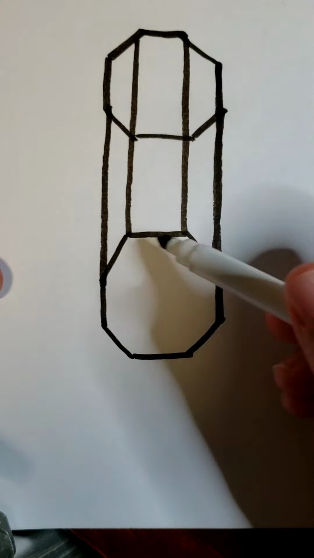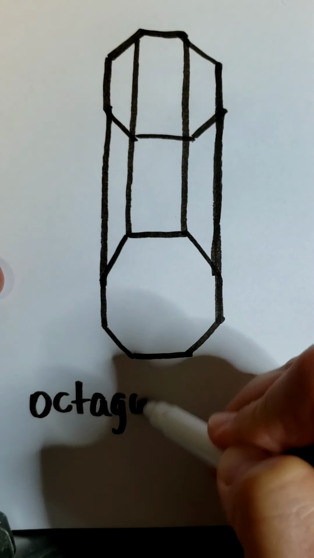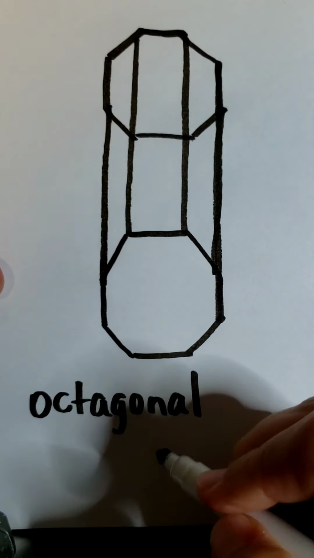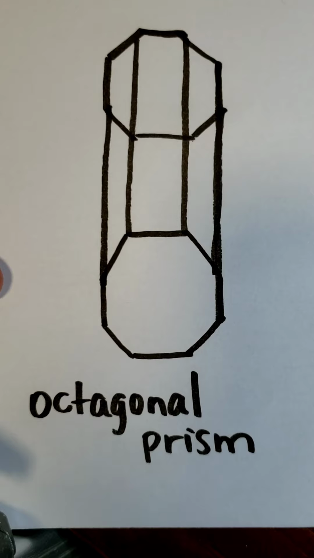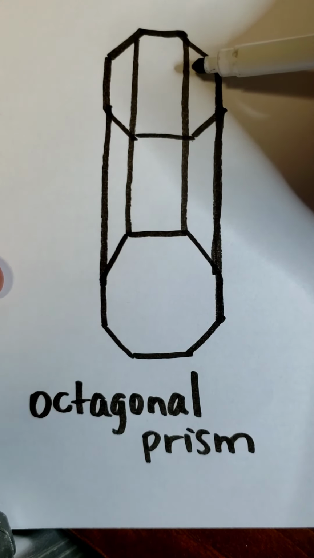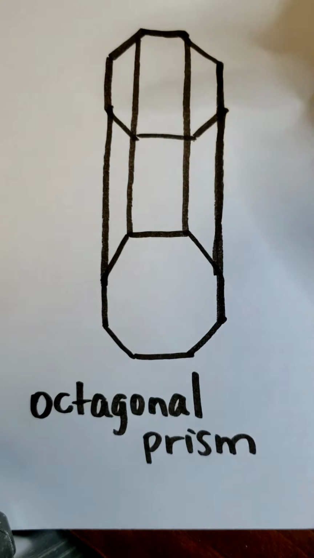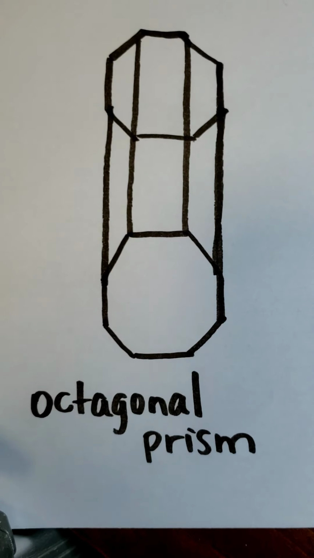So my shape is an octagon, so this would be called an octagonal prism. See that? So prism, same shape, same polygon on the bottom, same polygon on top. Pyramid, they're all gonna meet at one vertex.